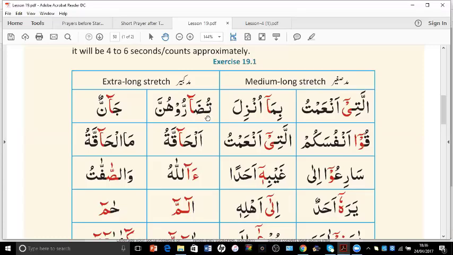Tudarruhunna. If I explain what I did there, I stretched the dha with the alif for about 4 seconds, and then I joined it with this ra mushaddad, stressed on the ra mushaddad, and then because there was a waw sakin making this a madd combination, I then joined the ru and extended it.